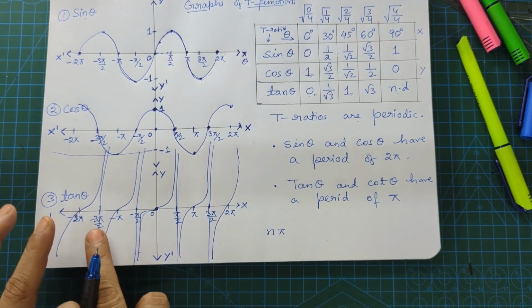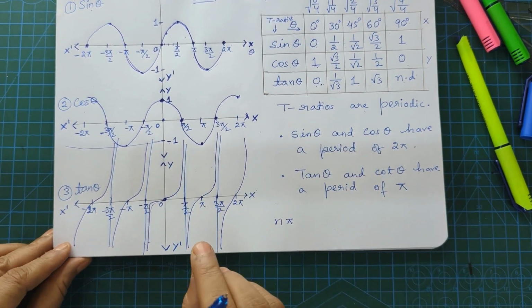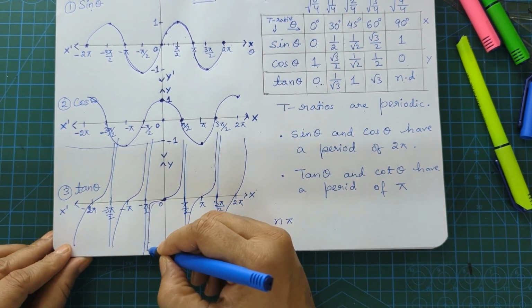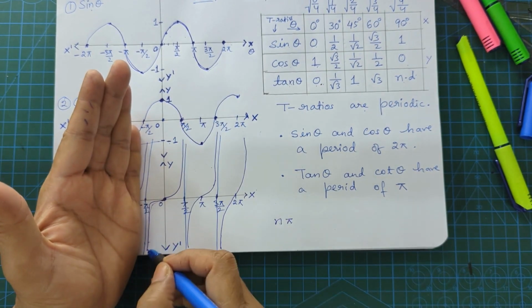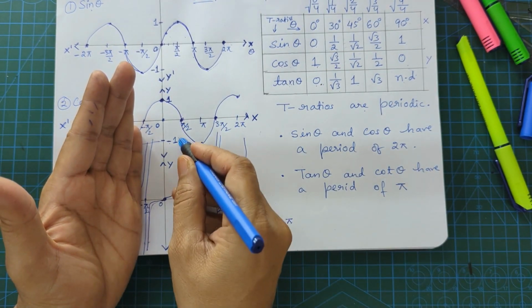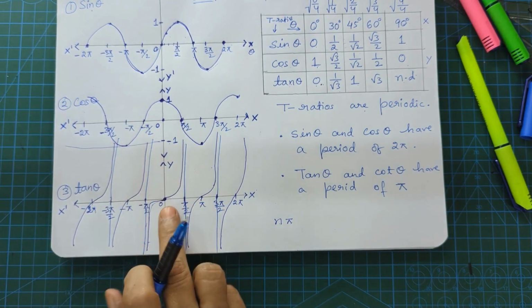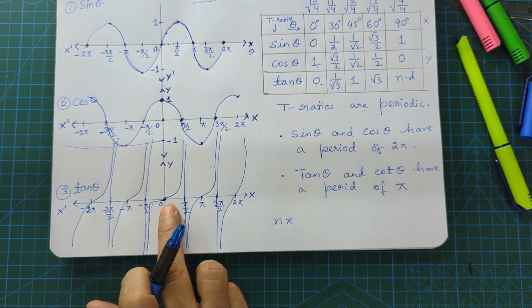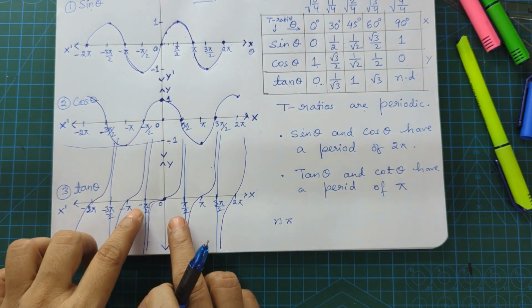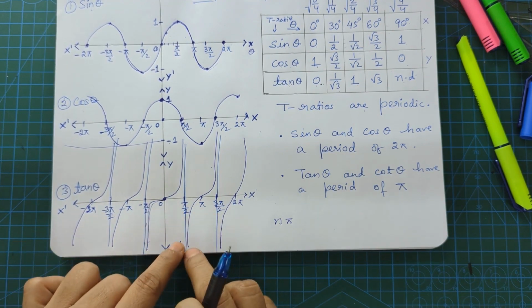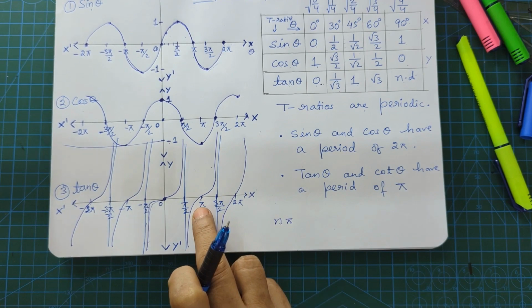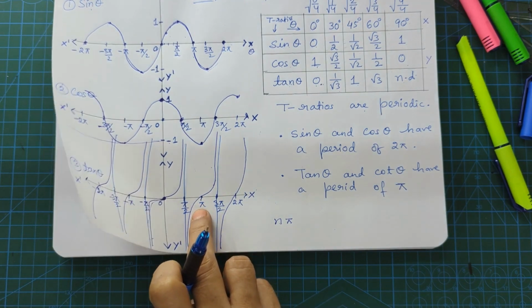It is a bit like an illusion, but you remember only one point. The graph will be between minus pi by 2 and plus pi by 2, and it is a rising graph, or you can say a falling graph, but it will cross the origin. So between every odd multiple of pi by 2 you have to draw lines, and the graph will cross at multiples of pi.